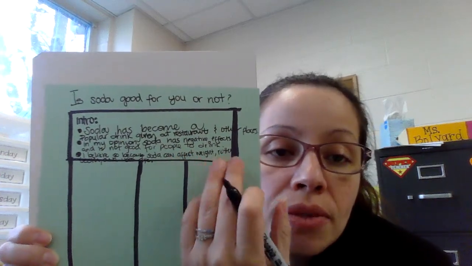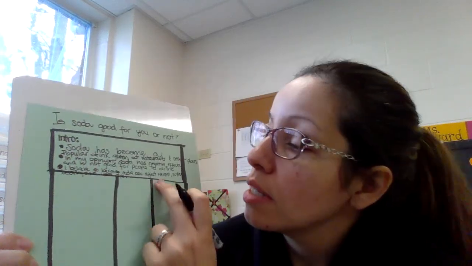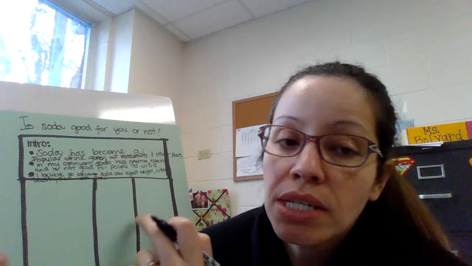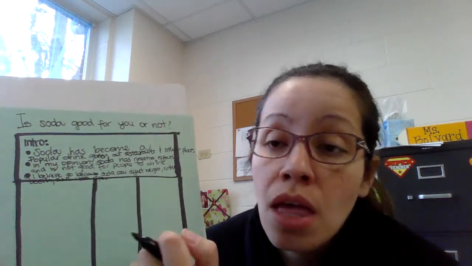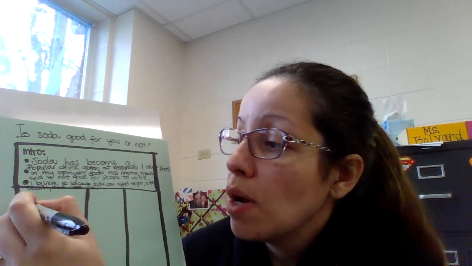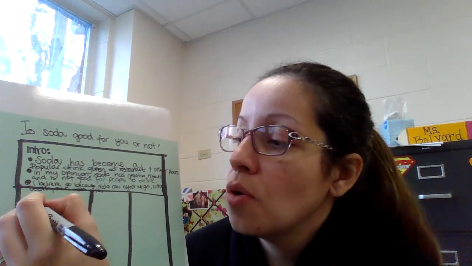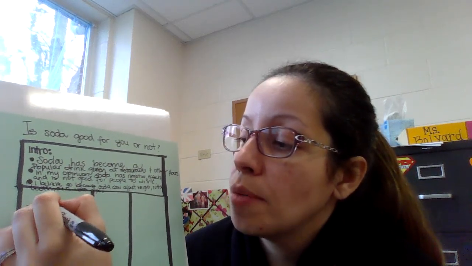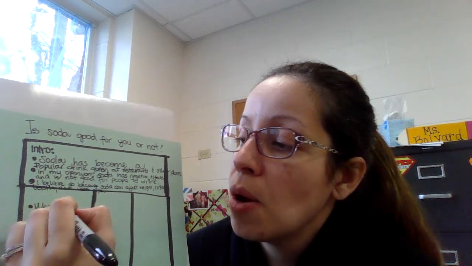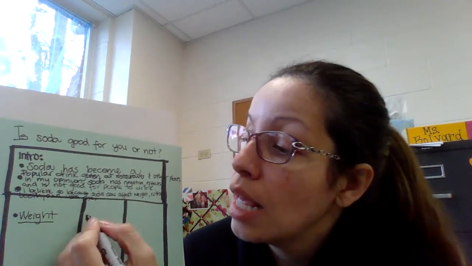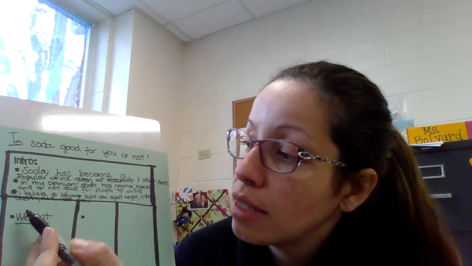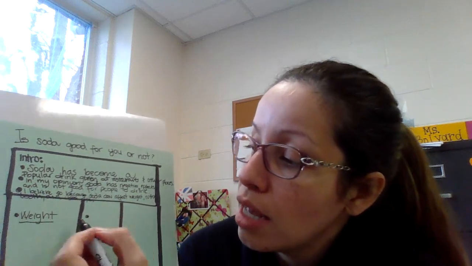So I've given my 3 reasons, and those 3 reasons that I have right here are going to be my reasons right here. So my reason number 1 is affects weight. So I'm going to make sure that I talk about weight. Then my second one is teeth.